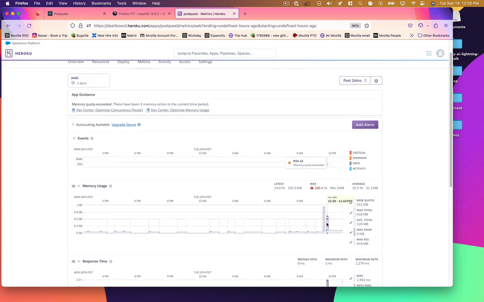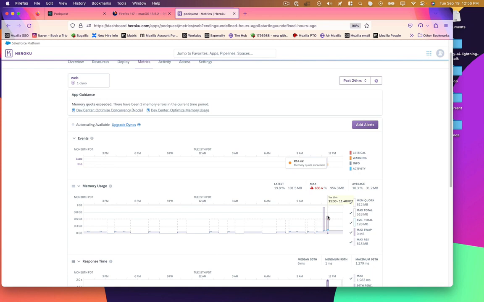We have memory usage, which during this time was actually above our quota. We have a quota on this dyno of 512 megabytes, and we used at max 954. So it was spiking when we were doing some of that file processing.